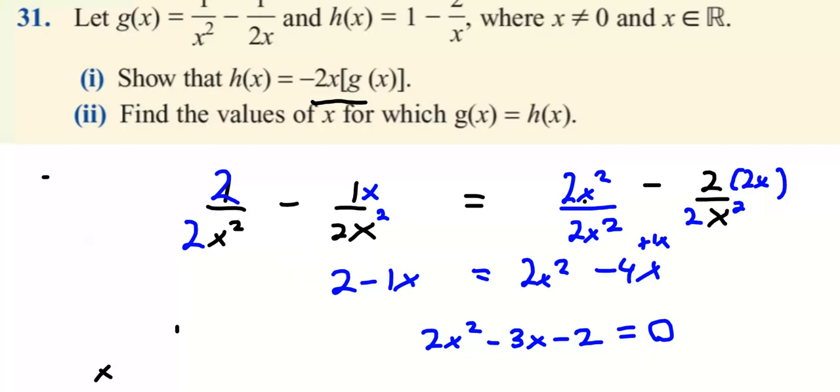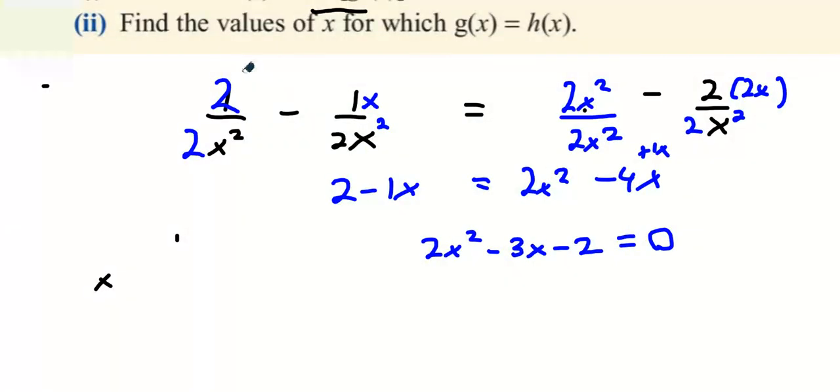Okay? Now what's next? So how'd you do that? 2 times minus 2? That's 4. Two numbers that multiply to give you -4 but add to give you -3. -4 and +1. So what do I do next?